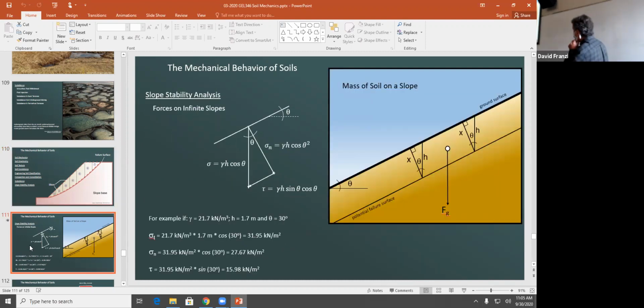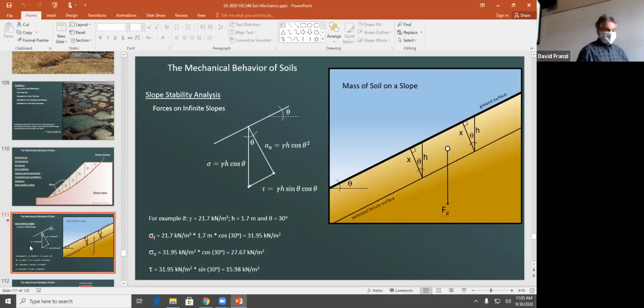If we have a soil where we drill down to a potential failure surface and we know that distance is H, the weight of that block is just going to be the unit weight of the soil times the distance X, which is the distance perpendicular to the layer. To get that, all we have to do is multiply H times the cosine of theta. That gives us X. Our thickness, and remember, we always do this 1 unit into the board.